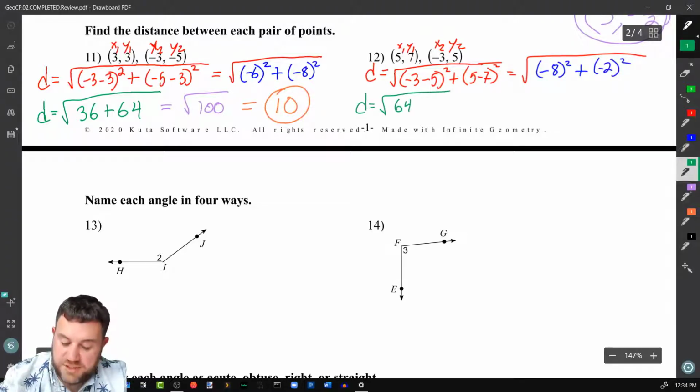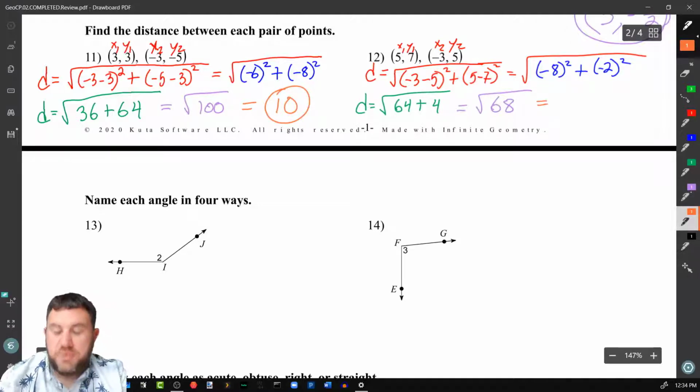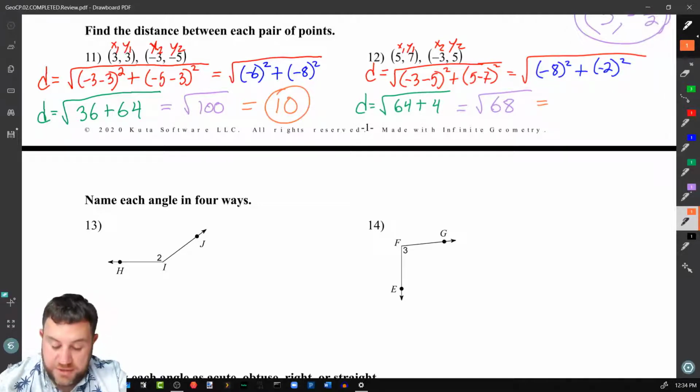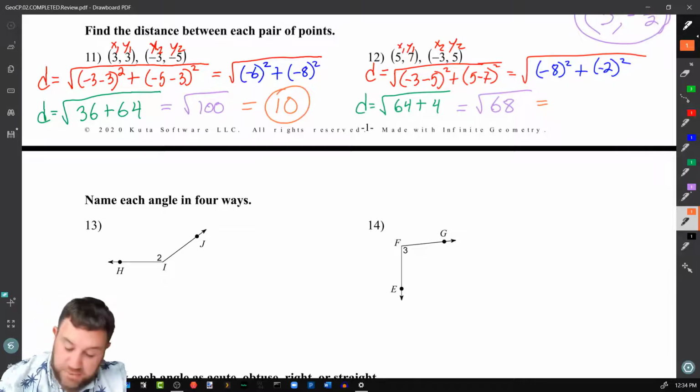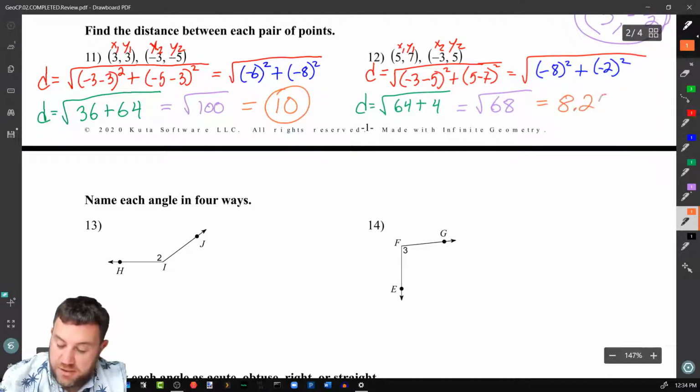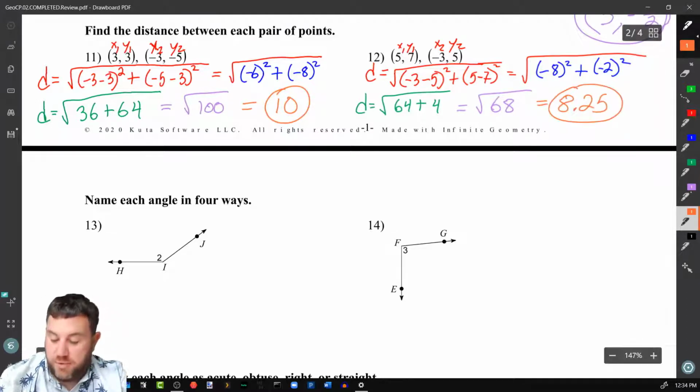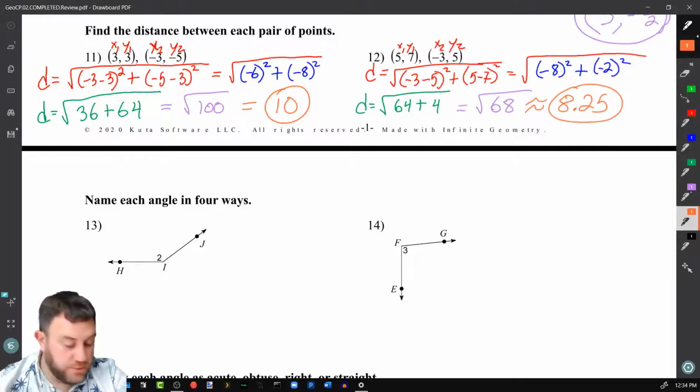Negative 8 squared gives us 64. Negative 2 squared gives us 4. When we add those together, we get 68. And when we take the square root of that in our calculator, we'll round to 2 decimal places. It's about 8.25. And I'm going to go back in. I will not count off points if you use an equal sign, but I'm going to use my approximate sign.